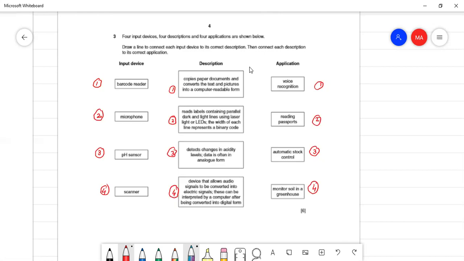Let's suppose I want to compare the barcode as an input device, which is the first option. It is connected to which option available in the description? Anyone would have an idea? Barcode is the first option, which is connected to which description?